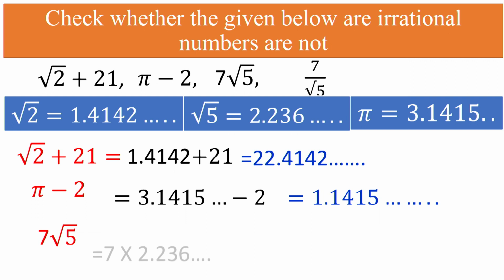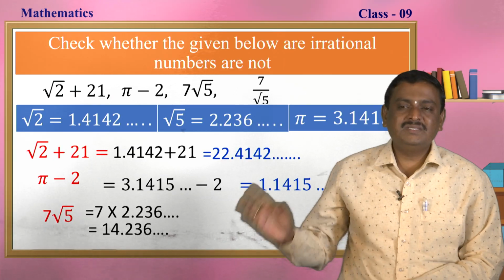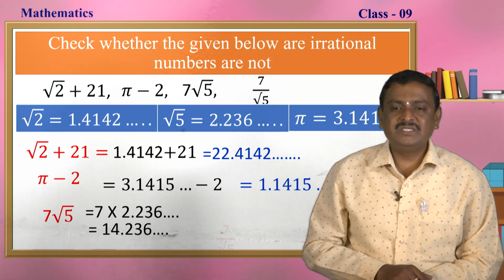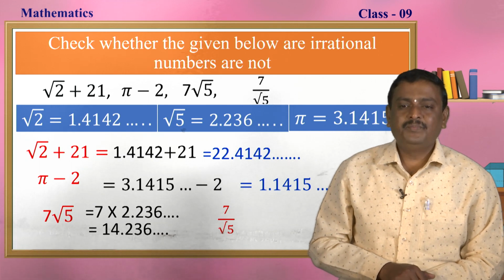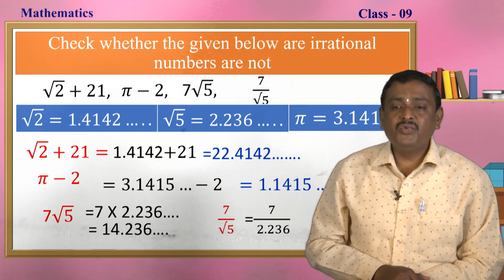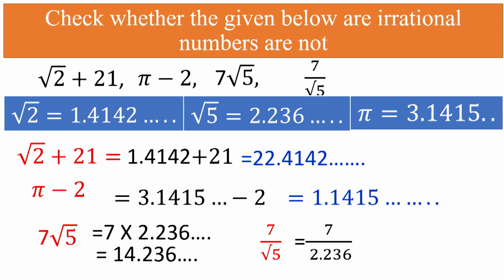7 into root 5. Substitute the value of root 5 and multiply with 7, we get the product 14.236 and so on, so there is a decimal expansion. Another one is 7 by root 5. We already know the value of root 5, so divide 7 by 2.236, we get 3.1304.